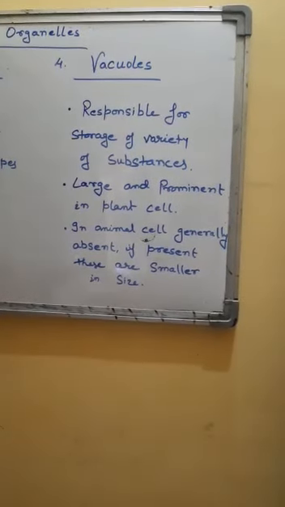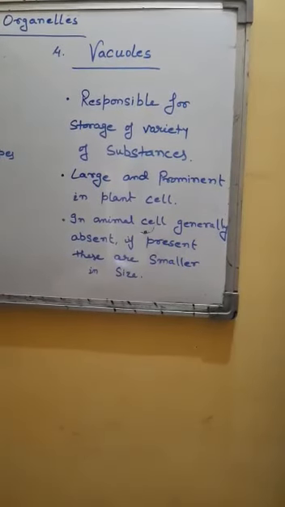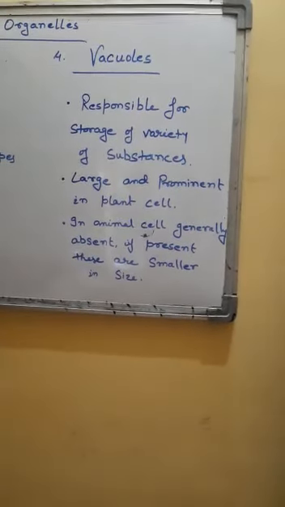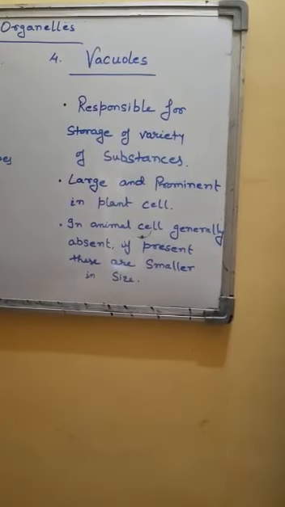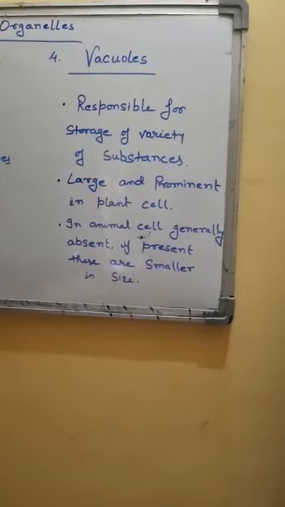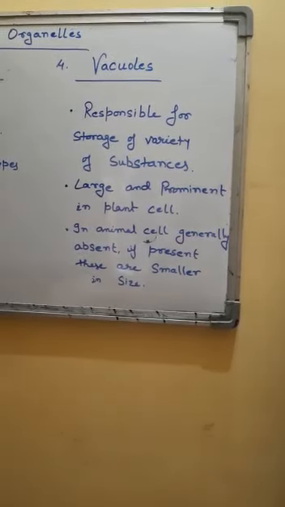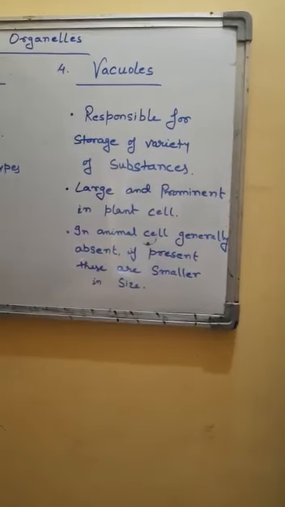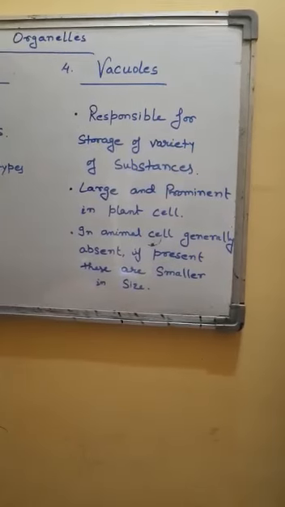Some substances are useful like macromolecules, amino acids, various nutrients, sugar, proteins, carbohydrate, etc. Whereas some substances are harmful, or you can say useless waste products which are stored over there, and eventually those substances are released out of the cell.